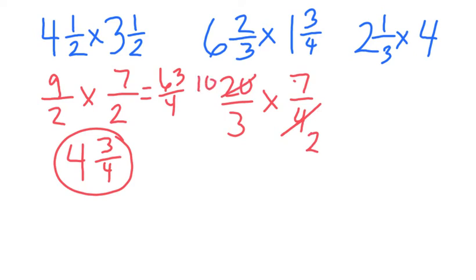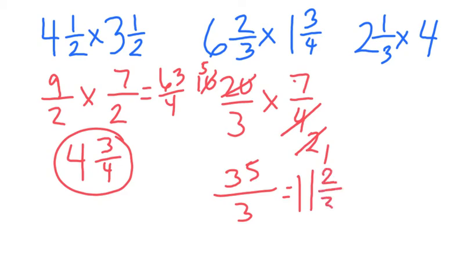Oh, I could have divided by 4. So I'll divide that by 2 and that by 2 and get 5. 5 times 7 is 35. And 3 times 1 is 3. And 3 goes, let's see, 3 times 10 is 30. 3 times 11 is 33. So 11 would give me 33 and 2 leftovers. 11 2/3.